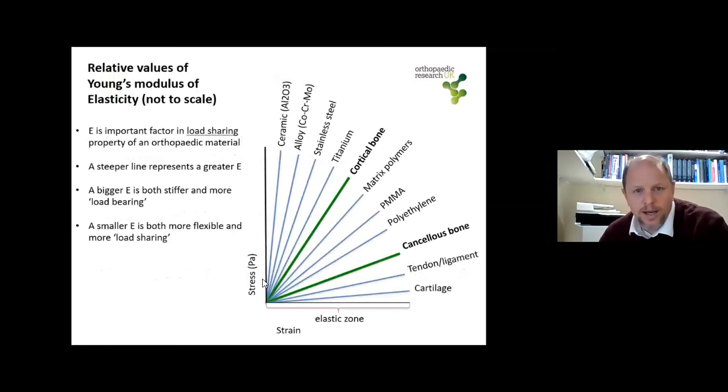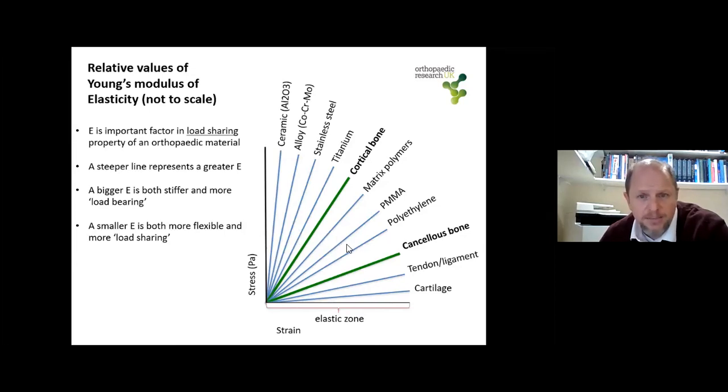This is quite an important graph to try and remember some of the details from. So it's the first time we've seen a stress strain graph. You can see the stress here on this axis. You can see the strain down here on this axis. And what you can see is a straight line for all of these different materials, which I've drawn here, not to scale, but showing you the relative stiffnesses, because remember, it's the slope that dictates the stiffness of a material.